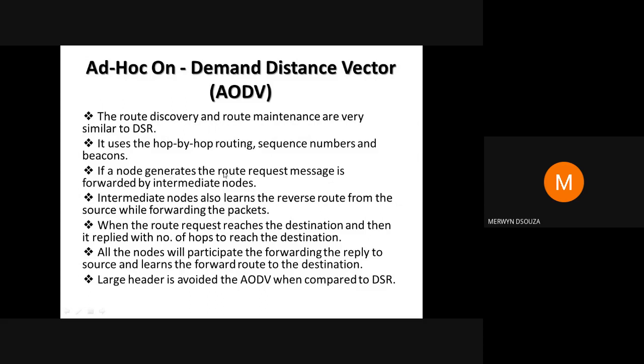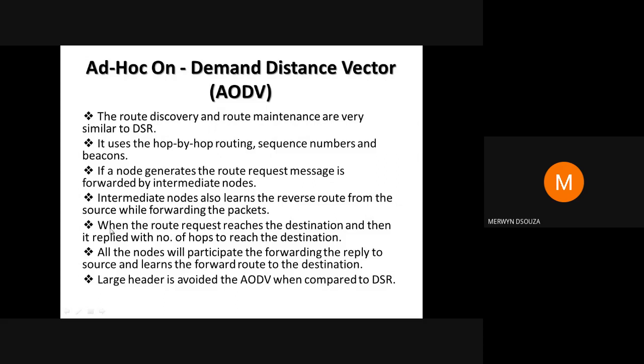Whenever it generates the route request message, it is forwarded by intermediate nodes, like we have seen in DSR. In AODV, the intermediate nodes may store the route while forwarding the packets. So it may make an entry for the destination in its routing tables.